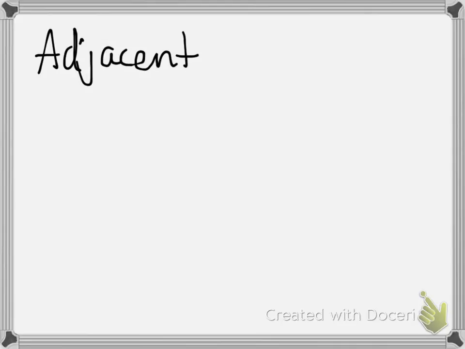Alright, so a couple of vocabulary terms. Let's first of all talk about adjacent angles. The word adjacent simply means next to. So the person you're sitting next to, you are actually adjacent to them.